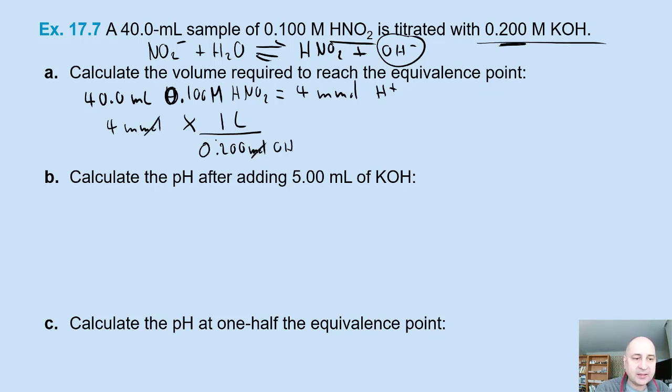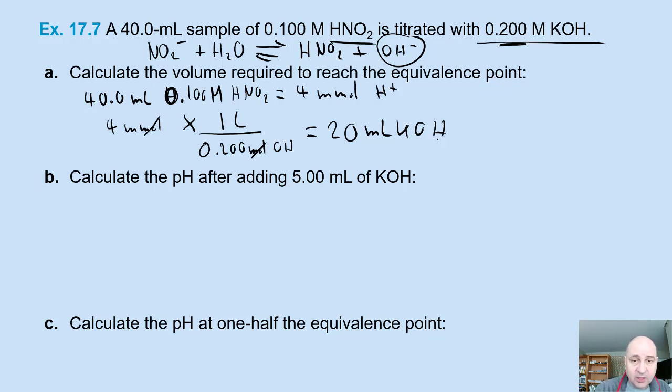So moles cancels, the milli carries over, so we get back to milliliters, and that is 20 milliliters of potassium hydroxide. So we answered the first question. 20 milliliters of potassium hydroxide would contain the exact number of moles of acid, and that would be the neutralization point.